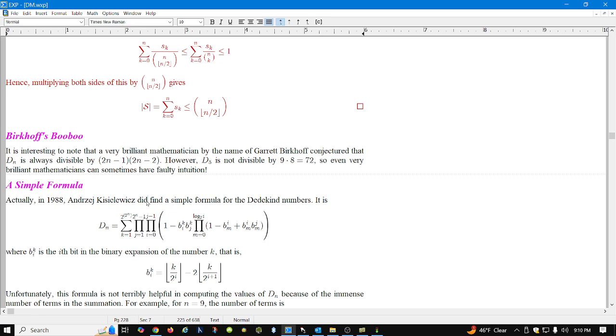Finally, there is, in fact, a simple formula for d sub n, found in 1988 by this gentleman, Kesselweiss or Kesselvich, Keiselvich, I'm not sure. Here's the formula. I don't think I've ever seen a mess like this before.